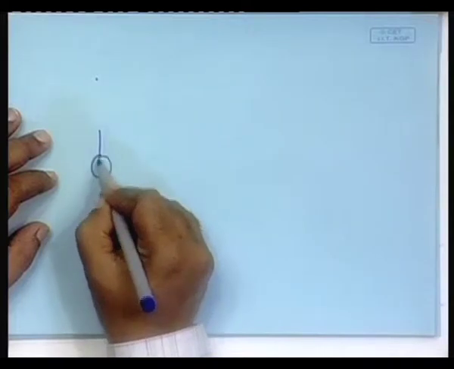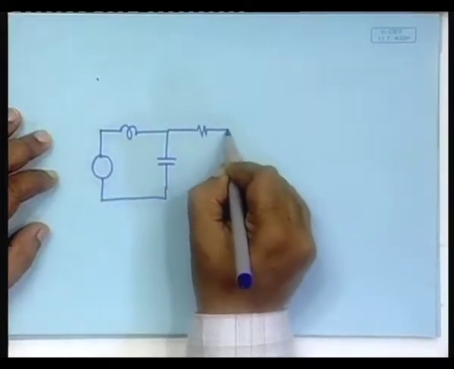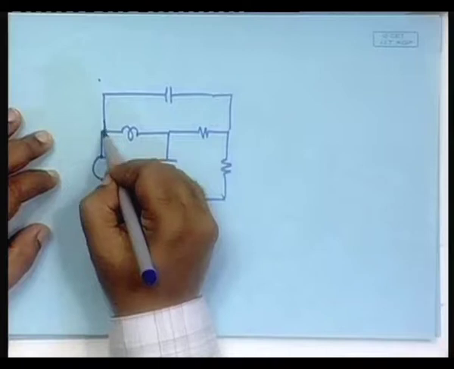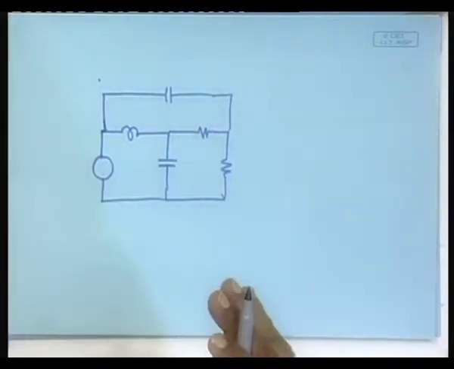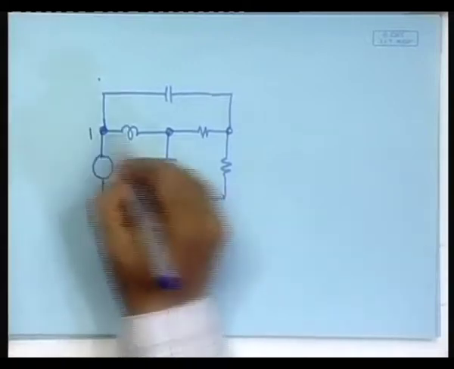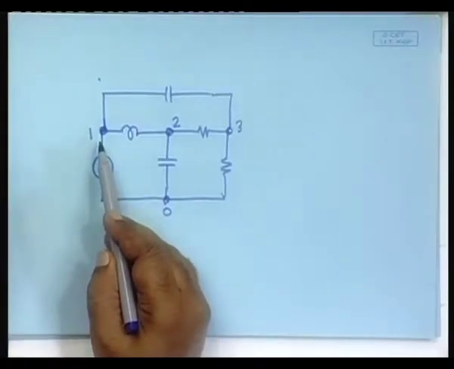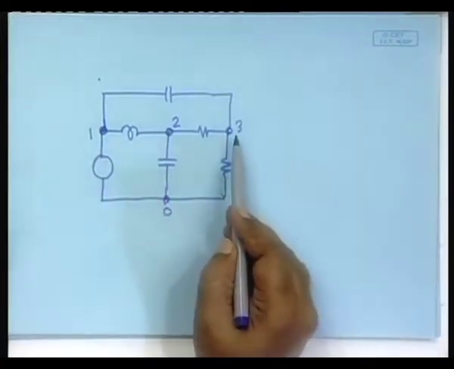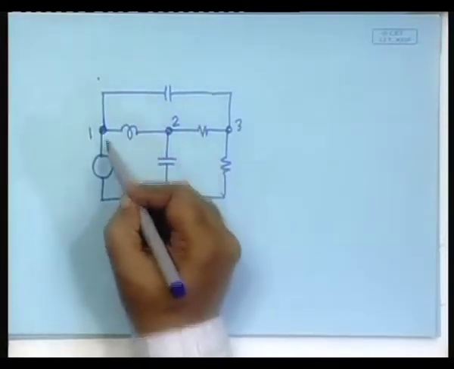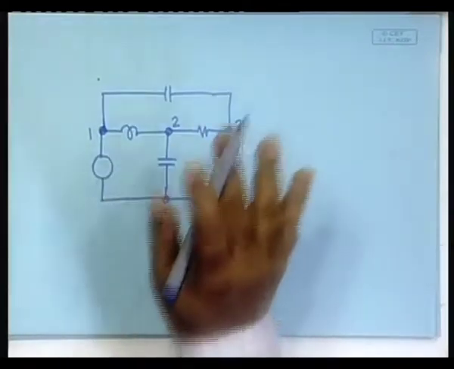In Kirchhoff's current law, you have to identify the nodes 1, 2, 3, 0, and then the currents that either enter or exit each of these nodes would sum to be 0, which means that the currents that are coming into this node, this current and this current, or the ones that are exiting this node, this current and this current, they will all sum to 0.